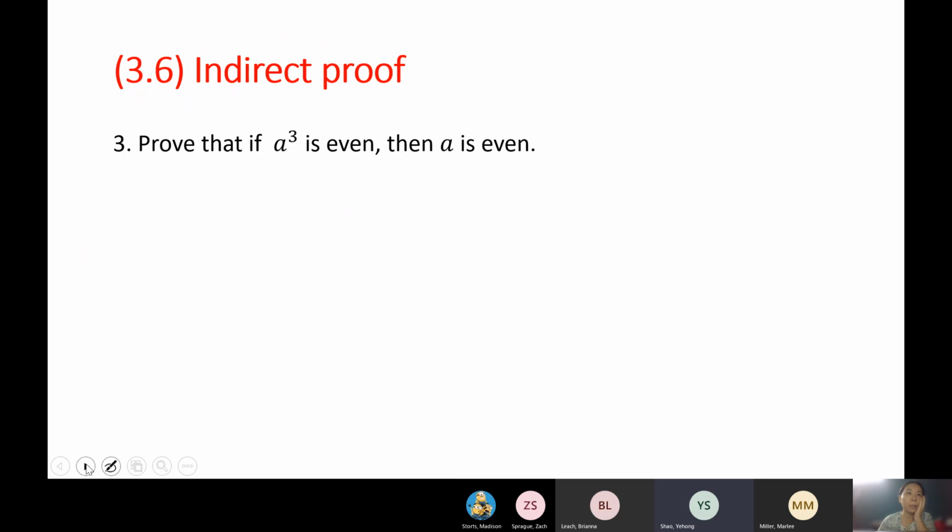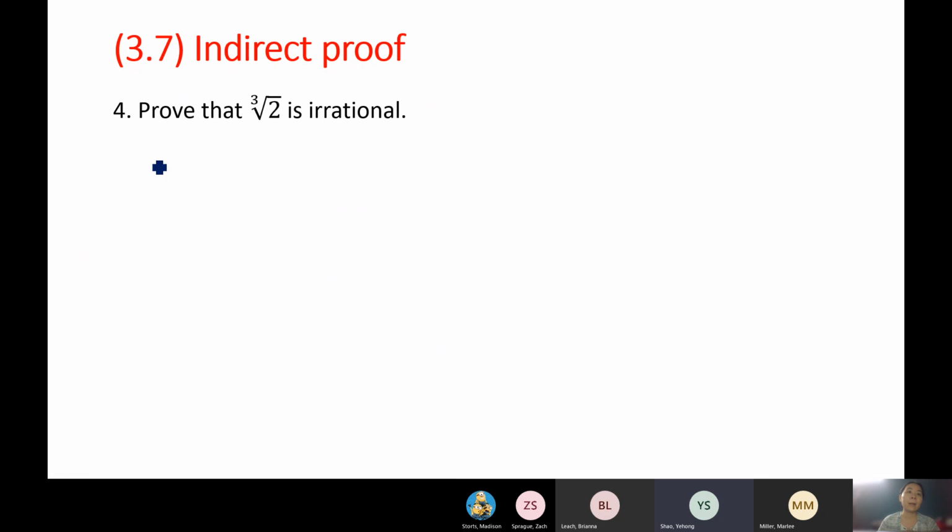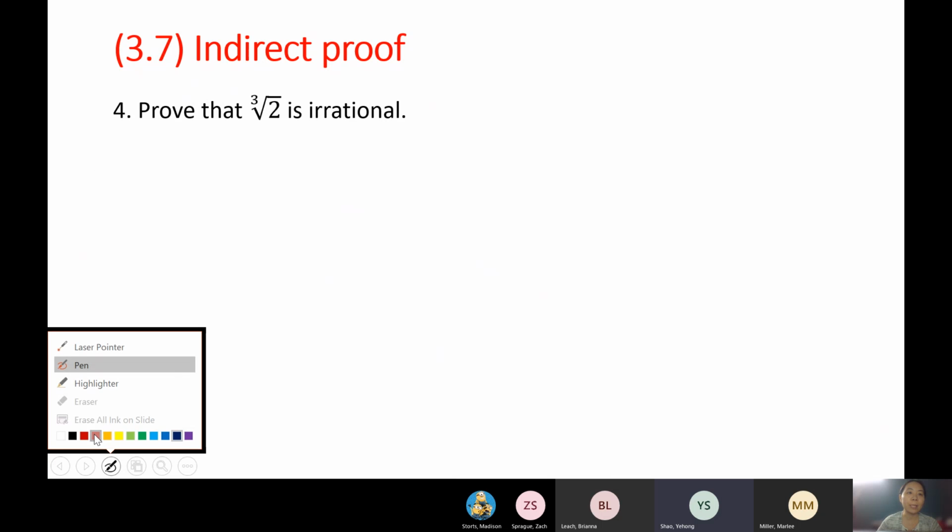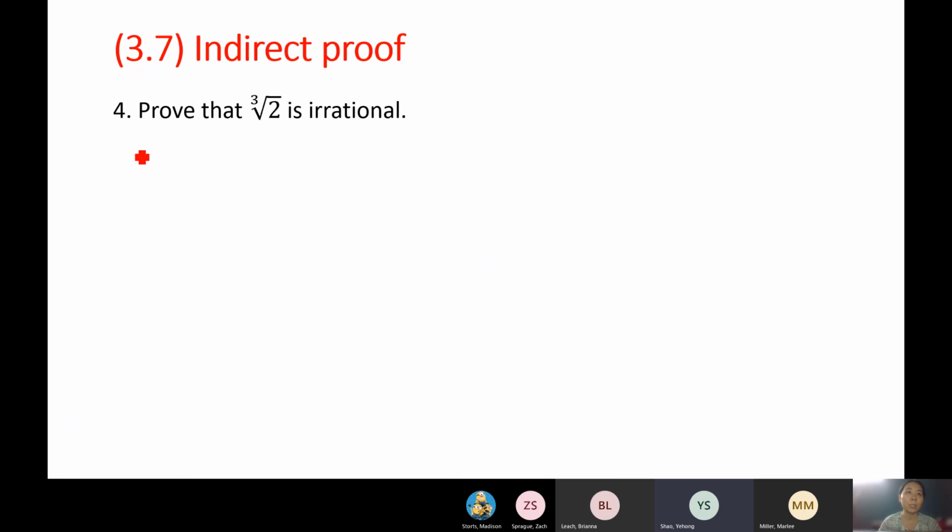Well, let me go ahead and look at the fourth one, because the fourth one is kind of similar to the second, but it's more complicated than the second. We need to do more in order to see the contradiction. So suppose, first of all, following the steps, we assume that this is the conclusion.